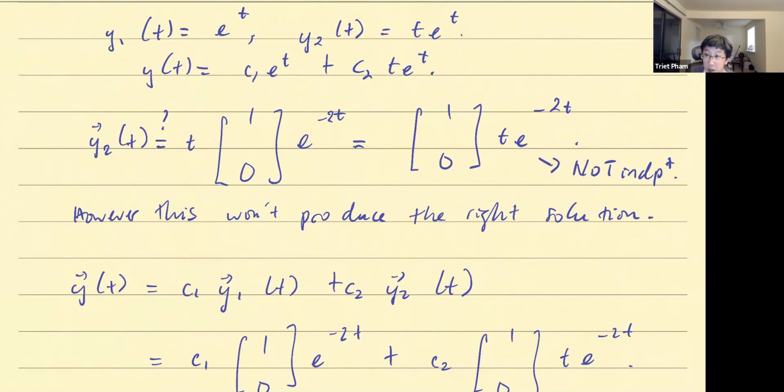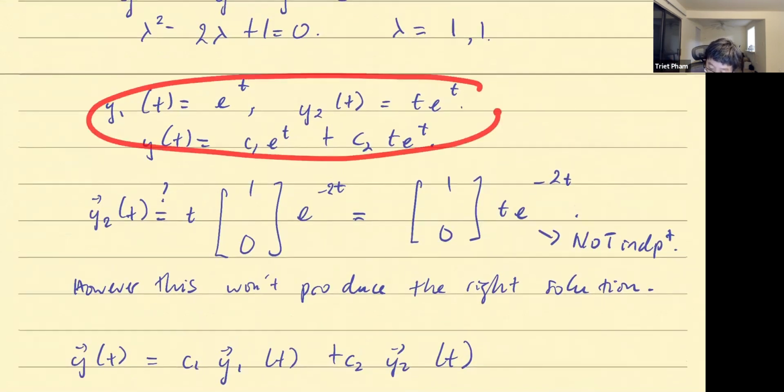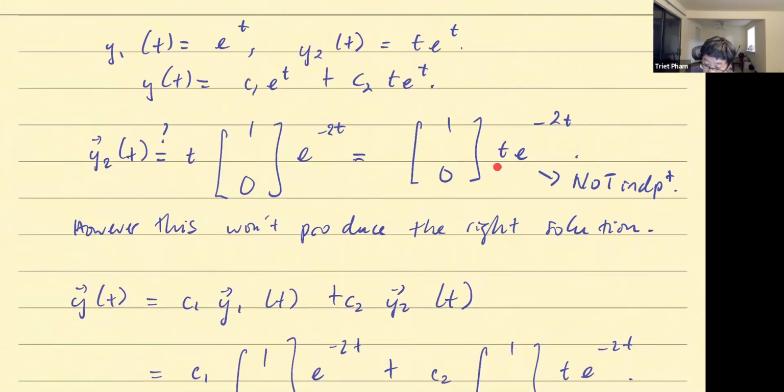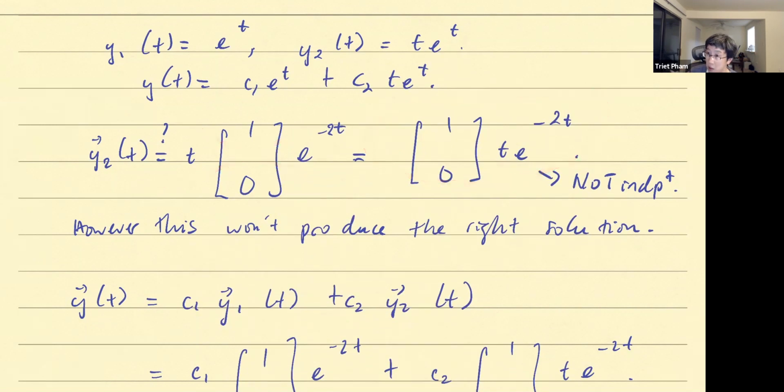It's not coming from nowhere. It comes from a general intuition that if you have a repeated solution, you multiply the repeated one with a t, and you get out of the repetition. The issue here is if you multiply by t, you won't produce an independent solution. So this is a failed attempt. But that doesn't mean that the structure doesn't work. We just have to be more careful with it.